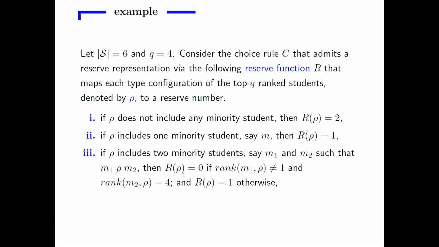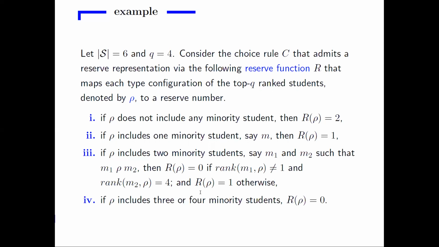Okay, so in a sense, I am thinking that, look, I already admitted 2 minorities and they are not so good. The best one is not the best, and the worst one is barely acceptable for me. In this case, I'm not reserving any seats for further minorities. But if this is not the case, then I am going to reserve 1 seat. I am going to pick an additional minority from the bottom chunk. This sounds quite arbitrary, I agree, but this is something that is allowed by this responsive reserve representation.